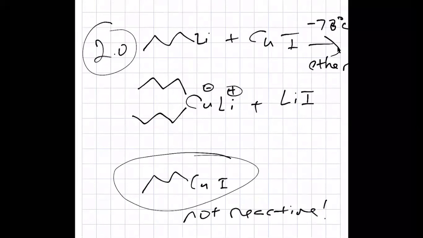It doesn't become reactive until I add that second alkyl lithium and make that carbon negatively charged. Then it can act as a nucleophile when you react it with another alkyl halide, carbonyl compound, or some other electrophile. But by itself, like right here, it's not reactive. Great question. That's the first time anybody ever asked me that.